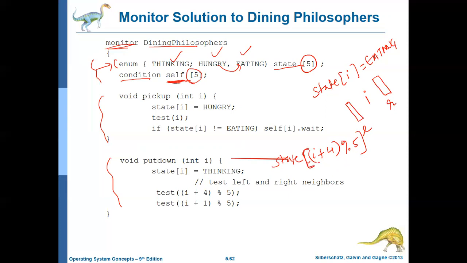So the ith philosopher plus 4 means the one who comes next to him. When you take a round like this, you have a table like this: first, second, third, fourth, fifth. This is the person I, then we have to come over here to come to the right side, and we have to go here to come to the left side to take the left chopstick.